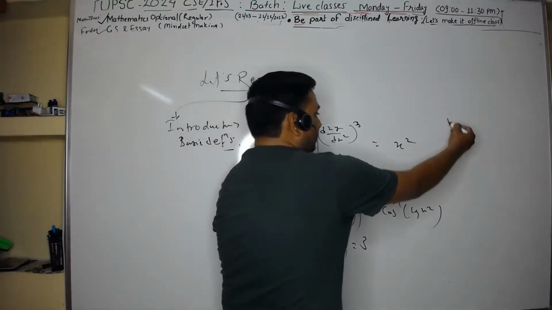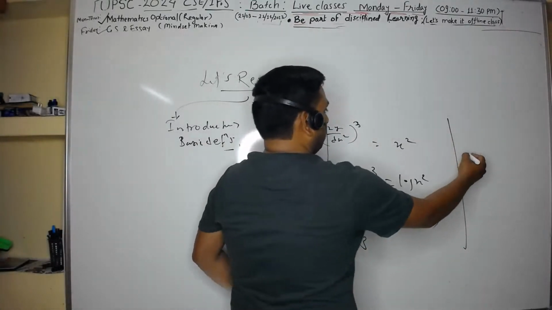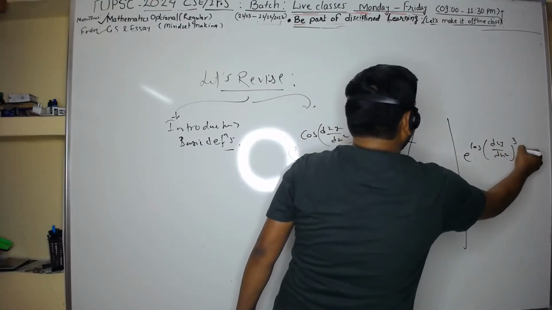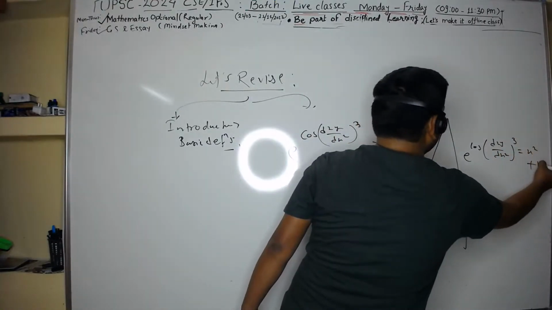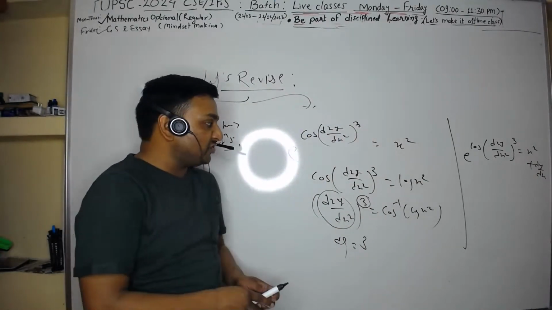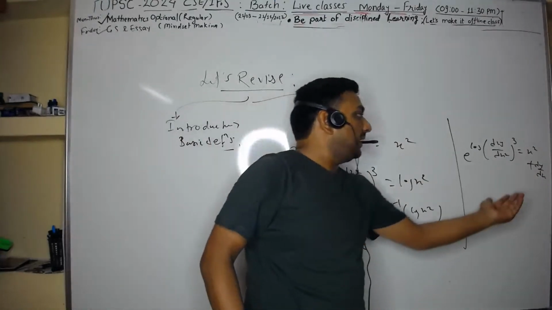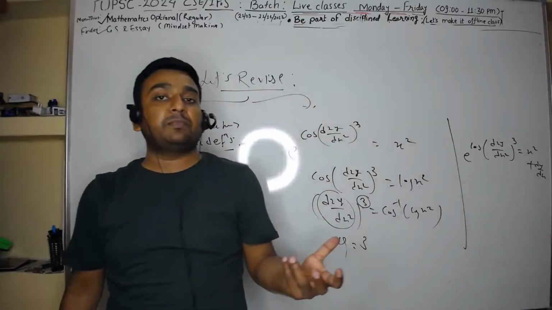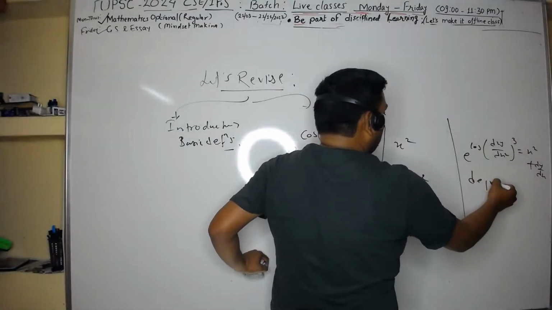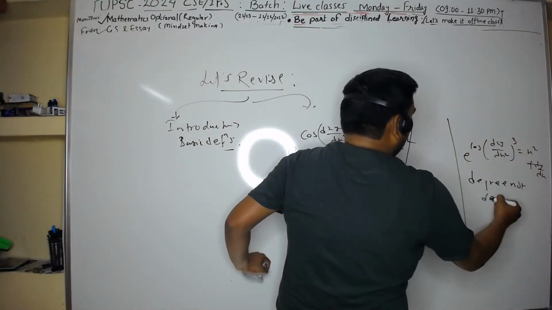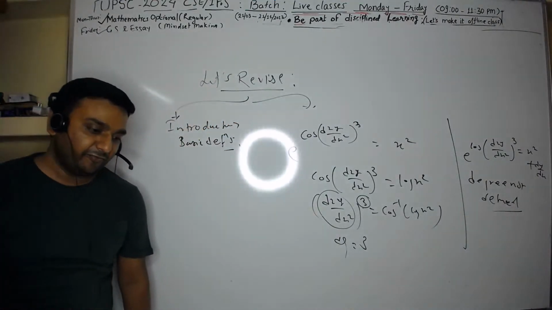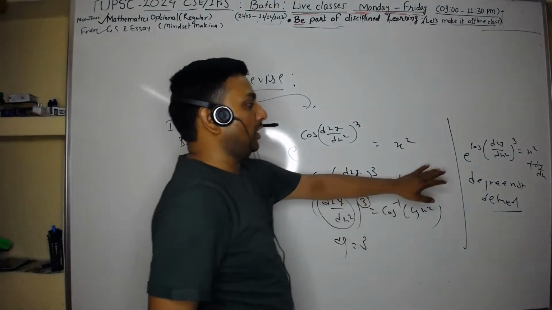Suppose that in the same example, if I had written e raised to the power cos (d2y over dx square) ka whole cube equals x square plus dy over dx, then when I change this exponential, this derivative will come as a function of log. So here we will say degree not defined, or degree as 0 or minus infinity. Fair? The words: degree not defined.